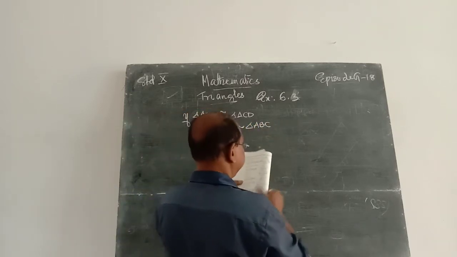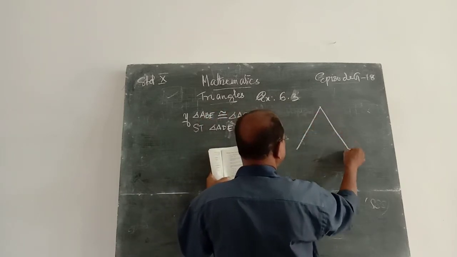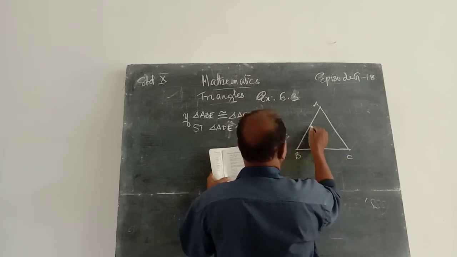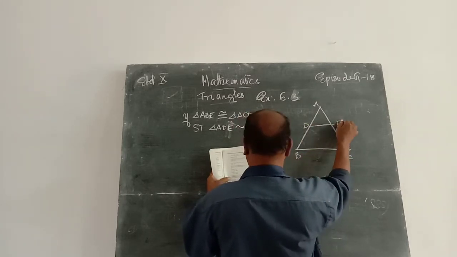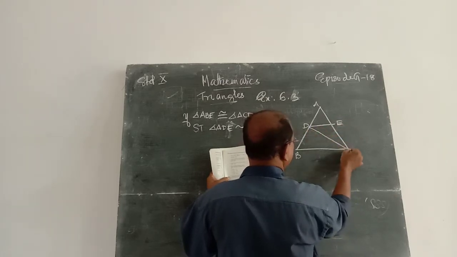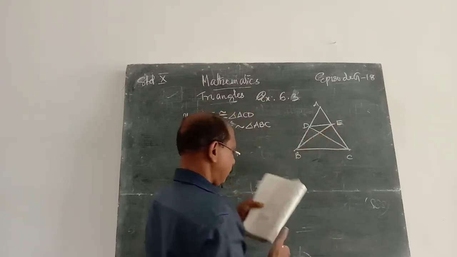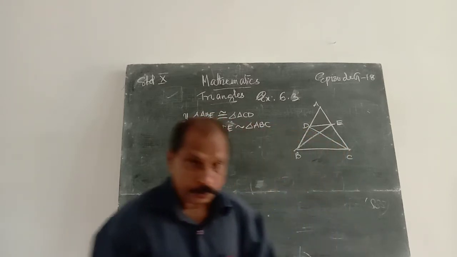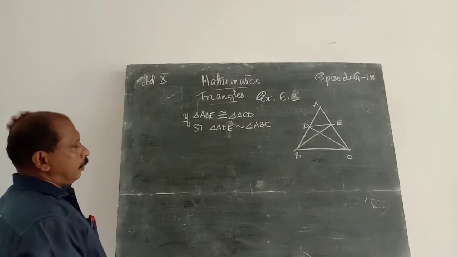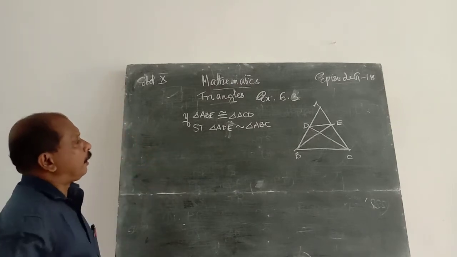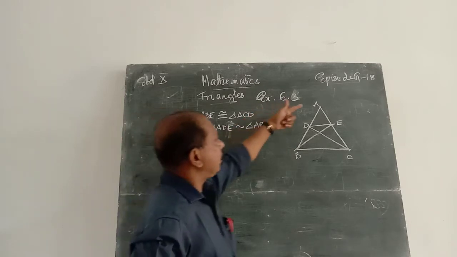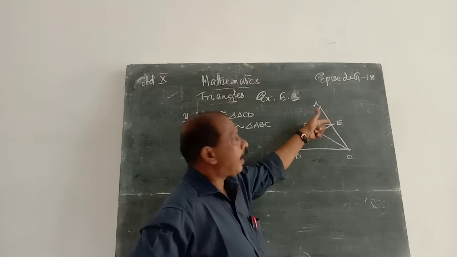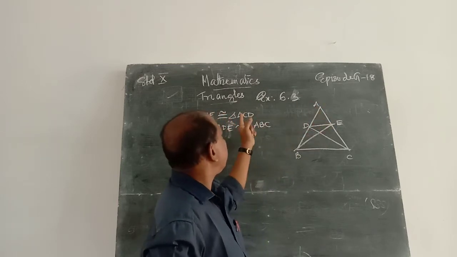Then the figure, that is figure ABC, D, triangle ABE is congruent to triangle ACD.